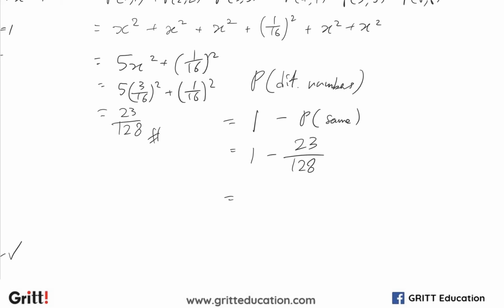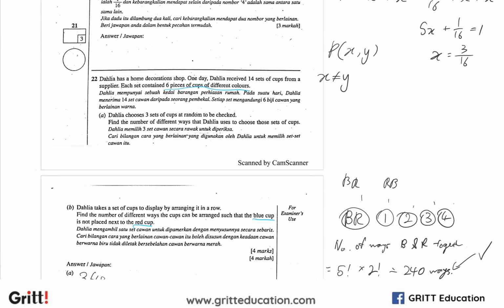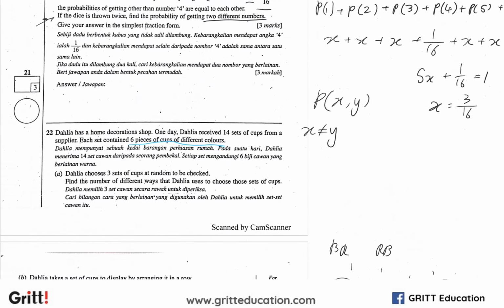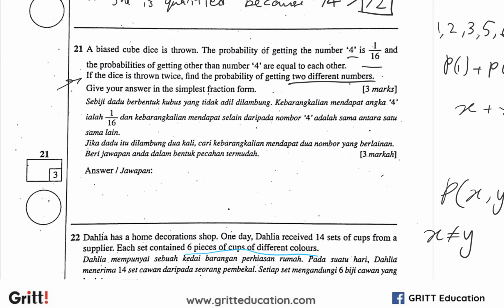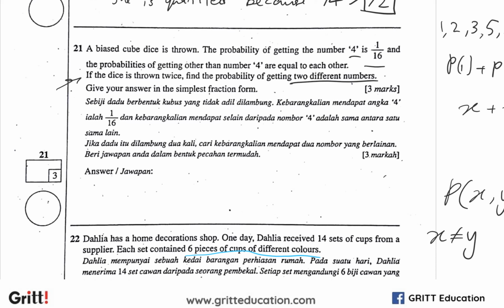From here you get that the answer is 105/128. So the probability of getting two different numbers is 105/128. That is the answer.